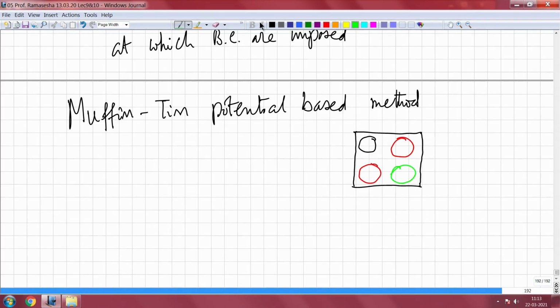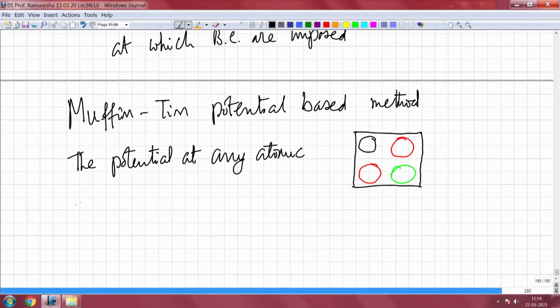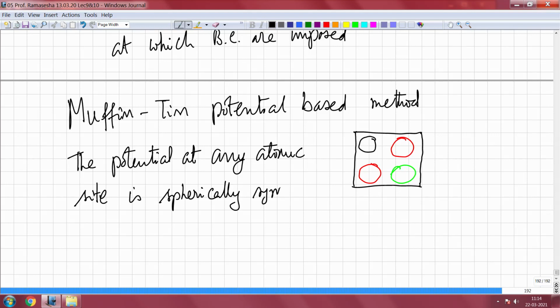What the muffin-tin potential based methods used was that the potential at any atomic site is spherically symmetric. The same assumption that was made by Wigner and Seitz is made here.